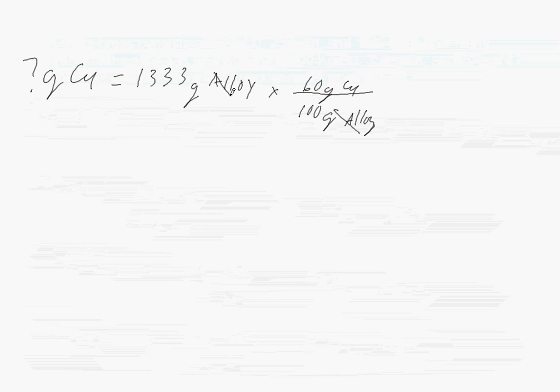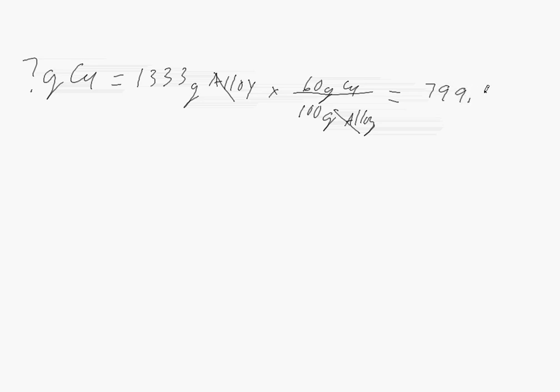Grams of alloy cancel out, and our answer is 799.8 grams. So this is how much copper we would need in order to make 1,333 grams of alloy.